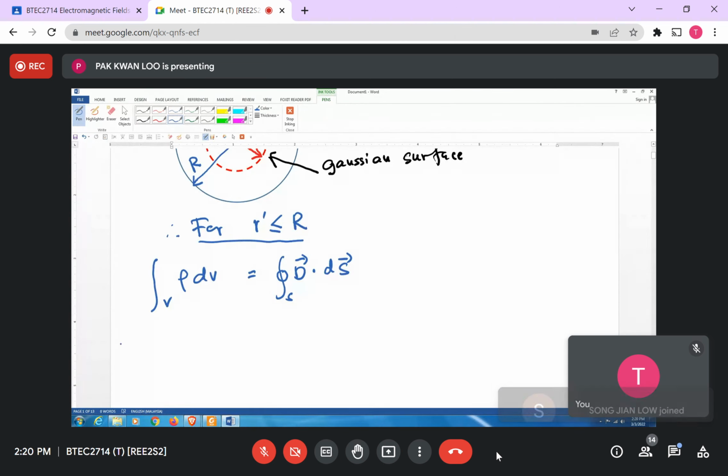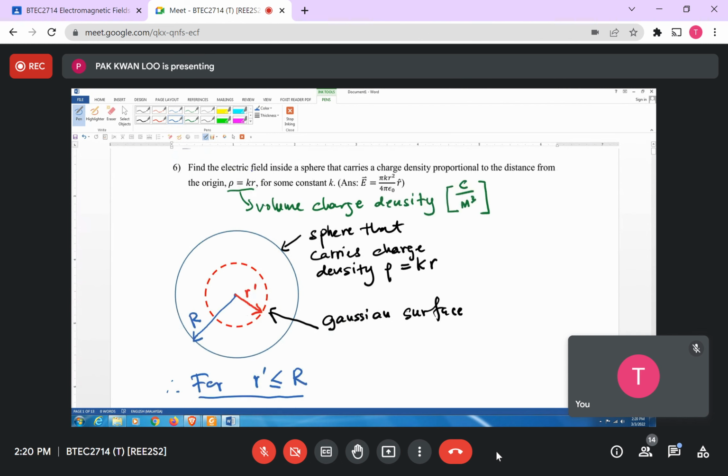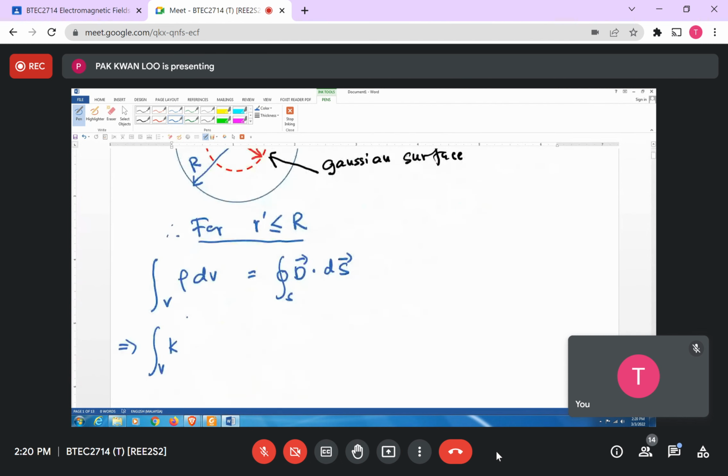So we can rewrite this in proper terms. Remember k is the constant, and rho equals kr. What is the differential volume for spherical coordinates?